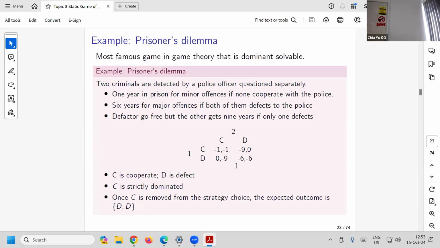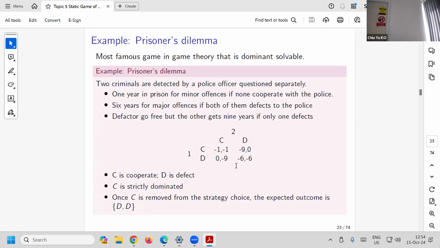And if both of them tell the police, okay, actually we are going to rob the bank, and both of them report each other because the police separate them in different rooms, then they go to jail for 6 years.